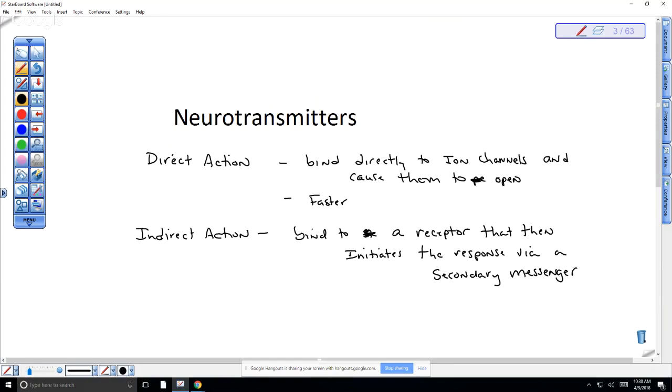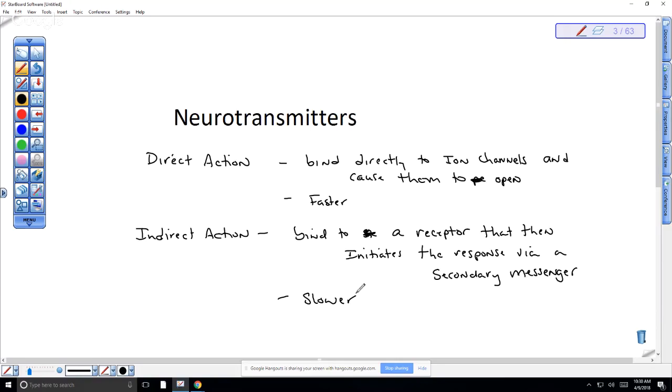And this is oftentimes what happens with cells, is that you have a receptor that then causes a chemical change inside the cell, and then that chemical change leads to the response, which would be the opening of the ion channel. And so this tends to be slower than direct action.